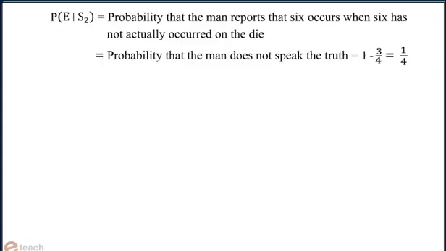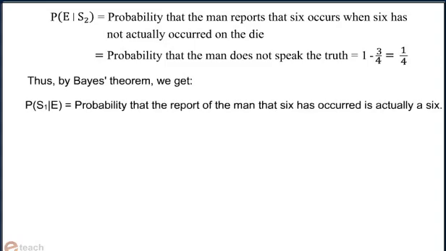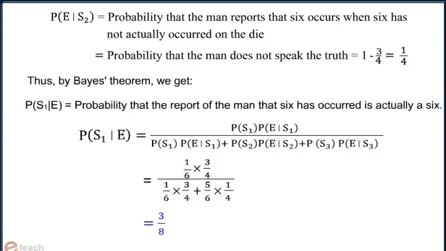And probability of E given S2, that is probability that the man does not speak the truth, is 1 minus 3/4, that is equal to 1/4. Thus, by Bayes' theorem, we get probability of S1 given E, that is probability that the report of the man that the 6 has occurred is actually a 6, is equal to 3/8.